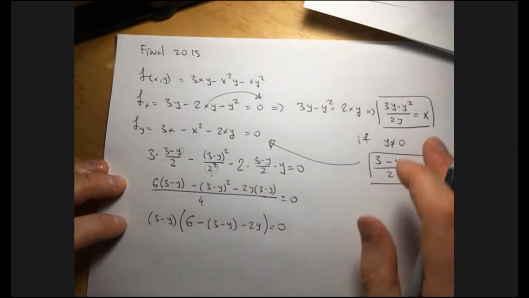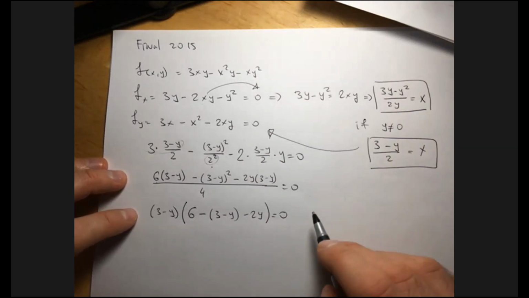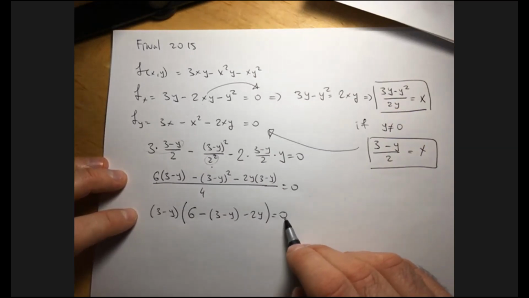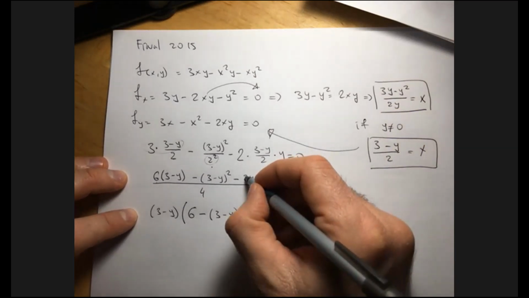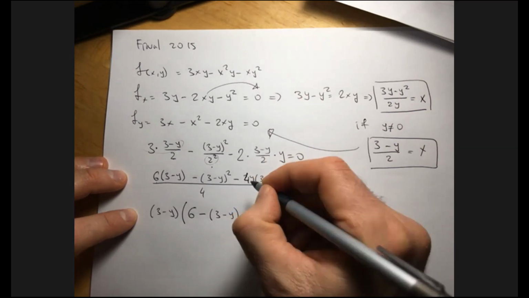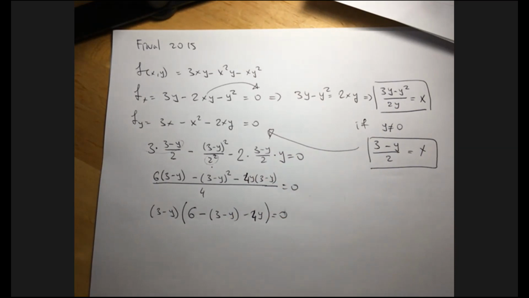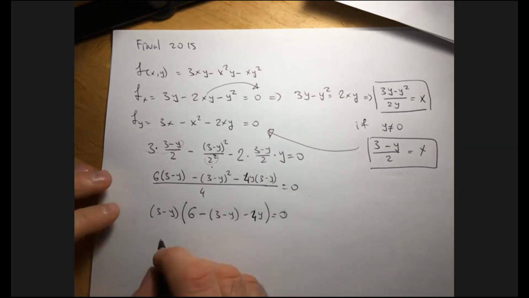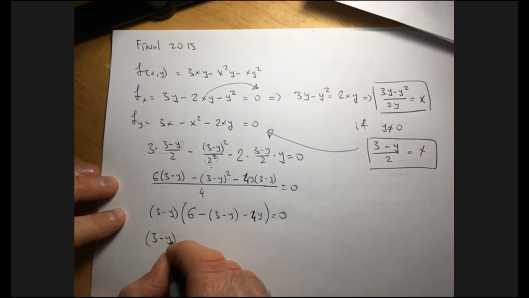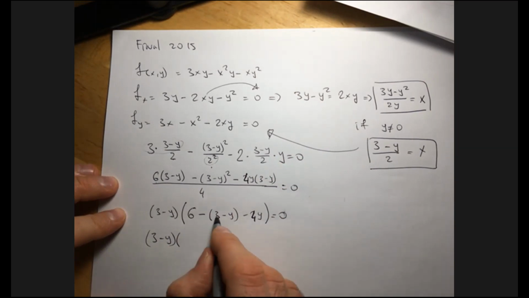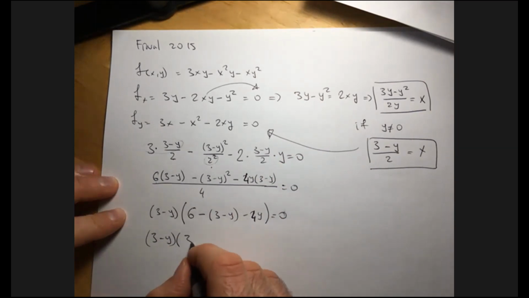For the last factor on the right, shouldn't it be like minus 4y? This one here? Yeah. It should be 4y. Thank you very much. Okay. And then this is (3 minus y) times (6 minus 3), which is 3.